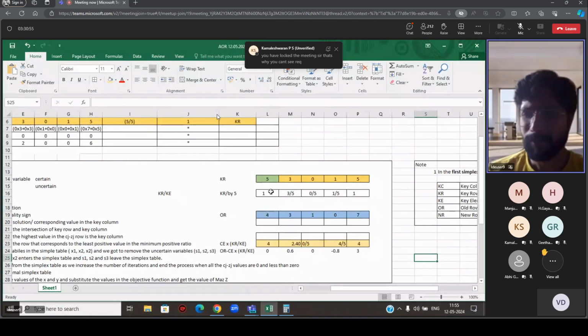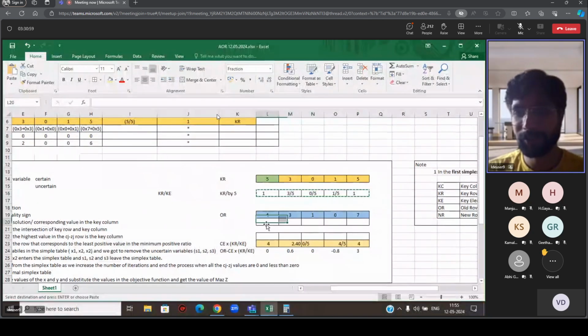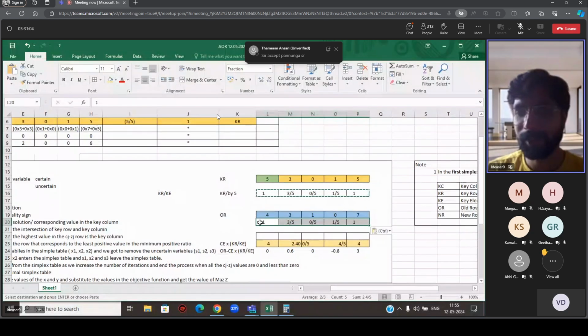Whatever is the old row, I'm just going to put that old row, and below that, I'm going to put the key row by key element. Then I'm going to multiply this key row by key element into 4, which will be my corresponding element.